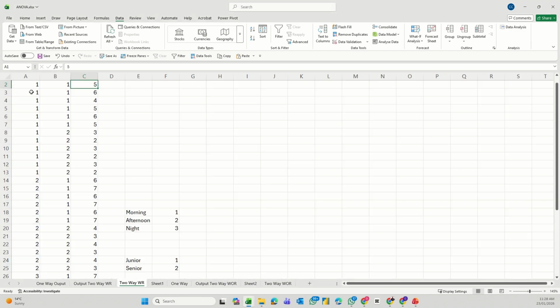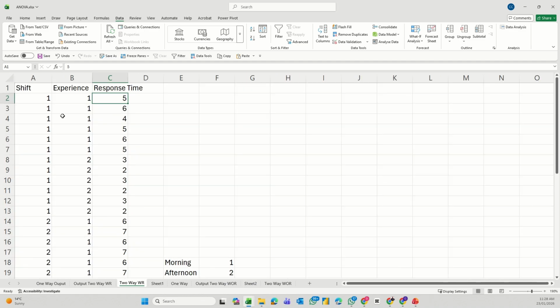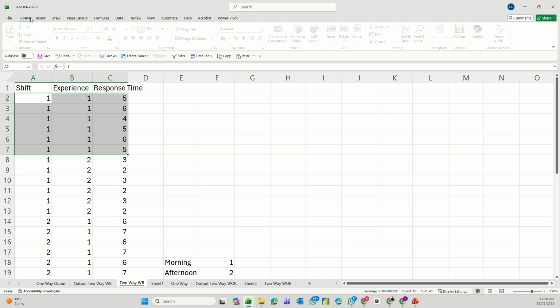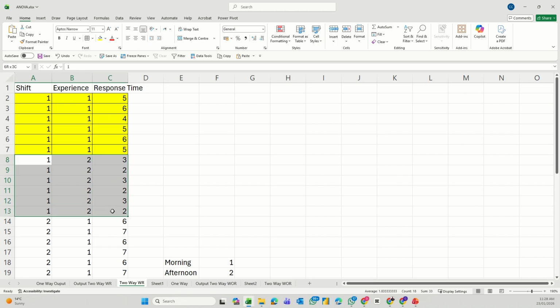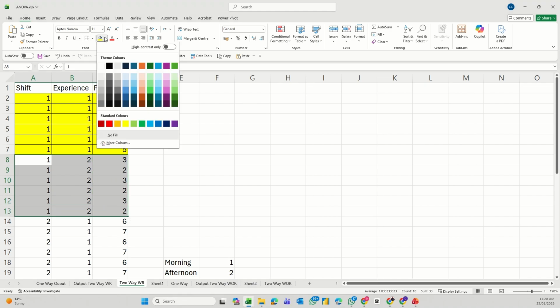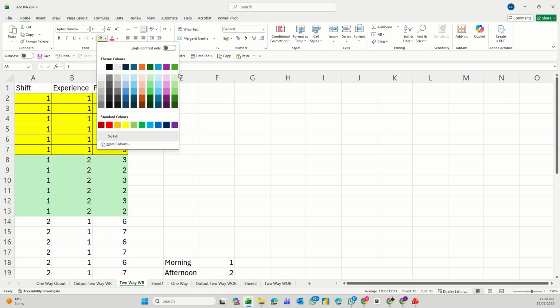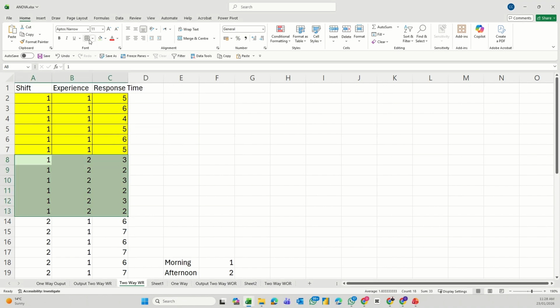So let me show you again. In this first area, that is the first pattern of repetition. You have this amount of data in the first pattern. In this second area, which I said is the second pattern, you have this amount of data in the second pattern. Now watch.